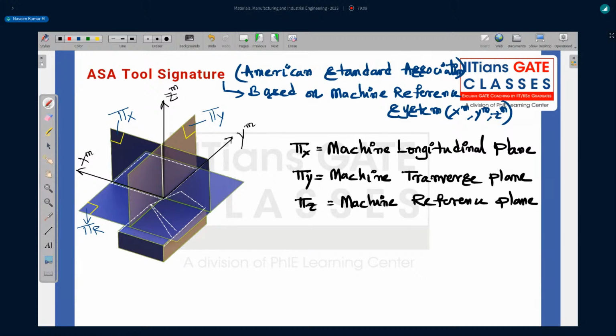In those planes, we are going to find angles. But first, we are going to make some planes. First, we have pi r plane. From that, we have two mutually perpendicular planes which are along the machine axis. Those are pi x and pi y planes. Pi x is machine longitudinal plane, pi y is machine transverse plane, pi z is machine reference plane. Good.